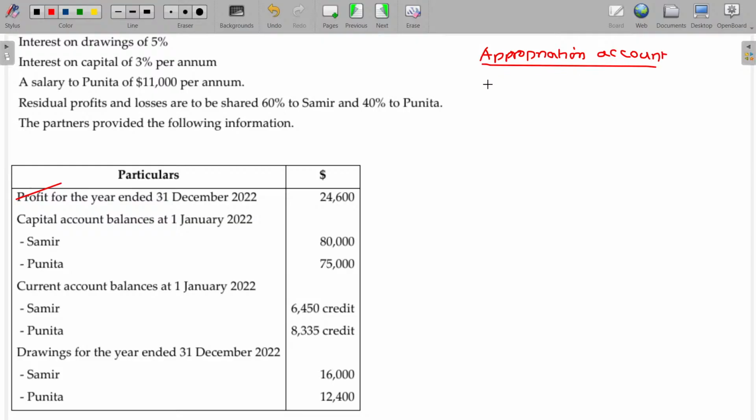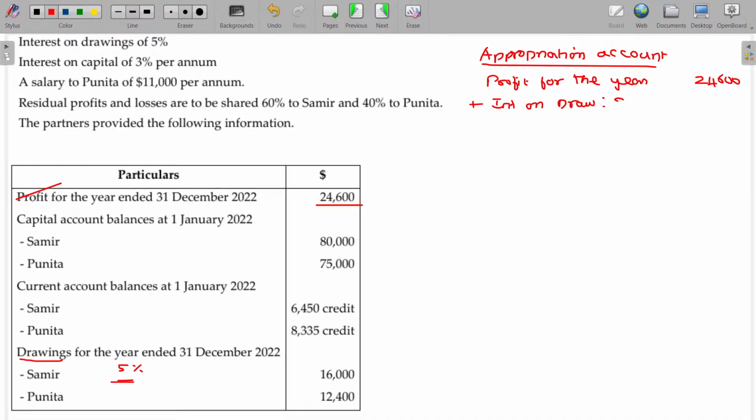Appropriation account. Profit for the year: 24,600. Don't forget to add interest on drawings on that. So here we have been given drawings, on which 5% will be applicable.